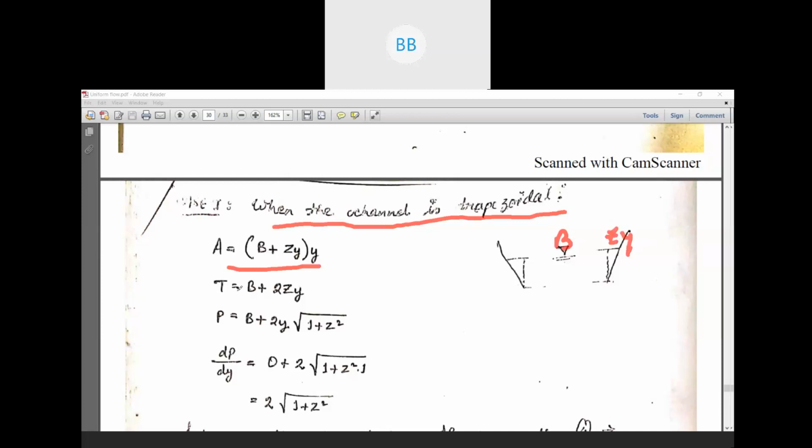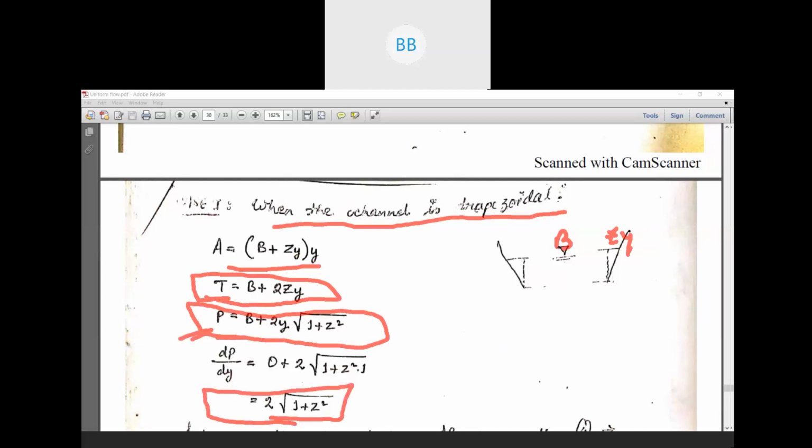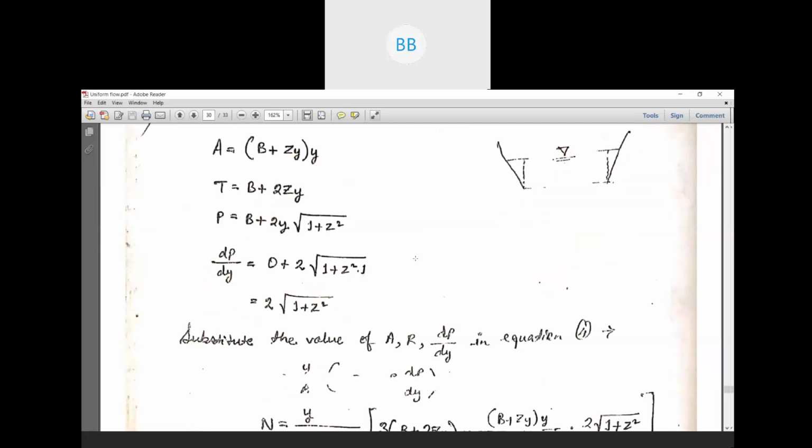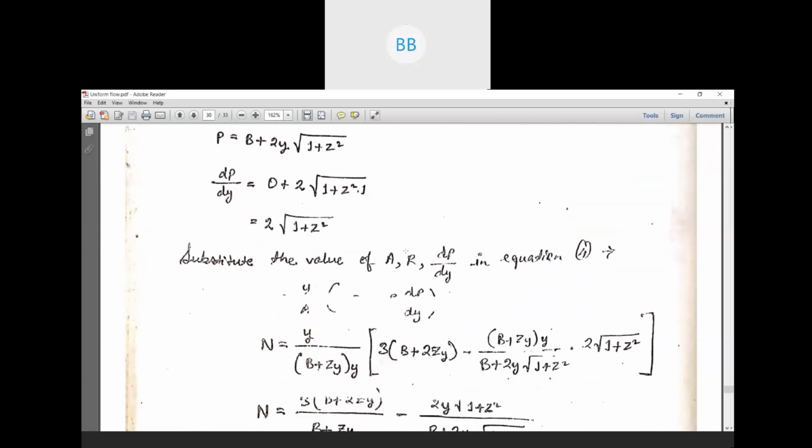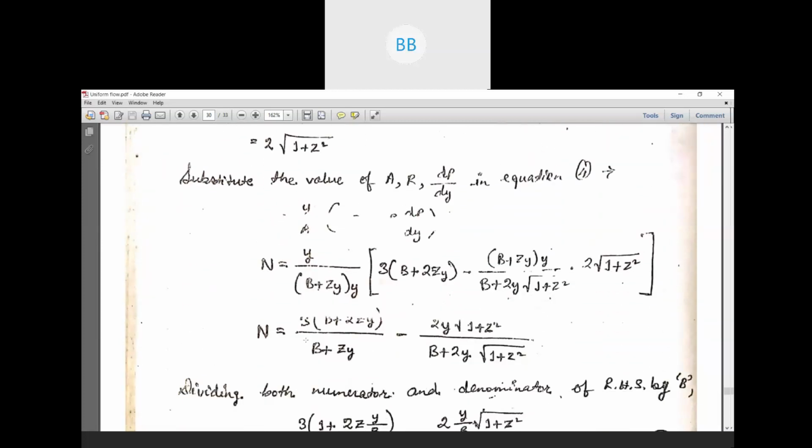So the top width will be B plus twice ZY, and then the wetted perimeter. If you differentiate the wetted perimeter, you will get this expression for a trapezoidal channel. And then we can also find an expression for the trapezoidal channel using Sage's equation.